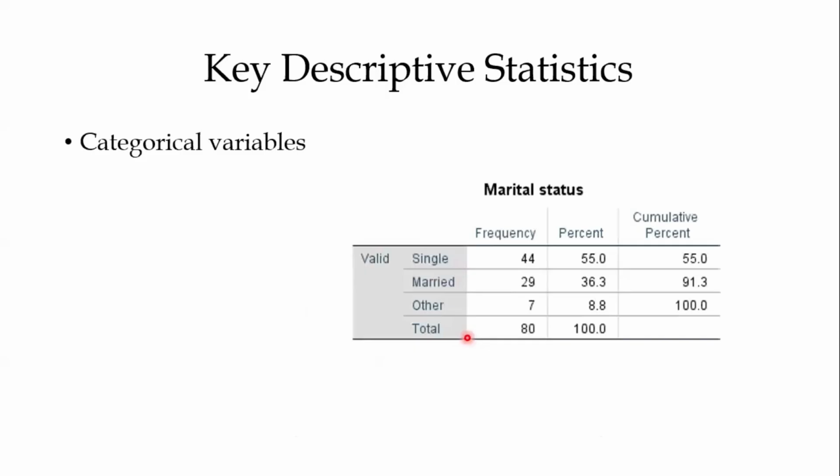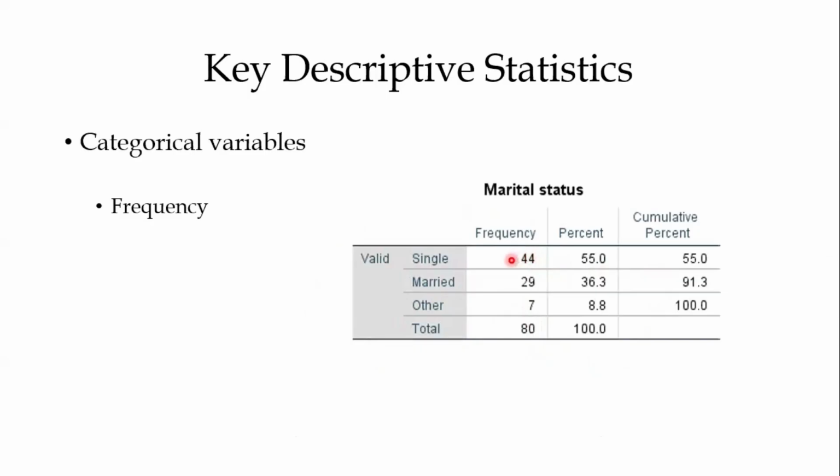Let's look at categorical variables. More often than not, you'll be doing frequency analysis. This is a table looking at marital status, for example, picked from a study where they're looking at marital status: single, married, and others. You can present this data in this manner, and the interpretation here would be, of the 80 study participants, 44 were single.